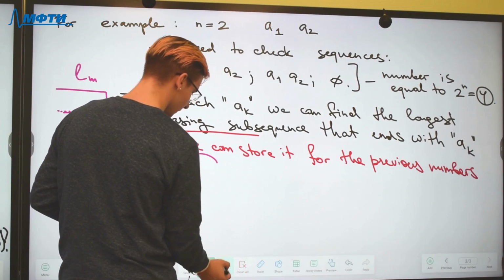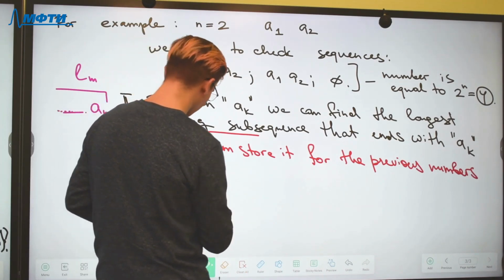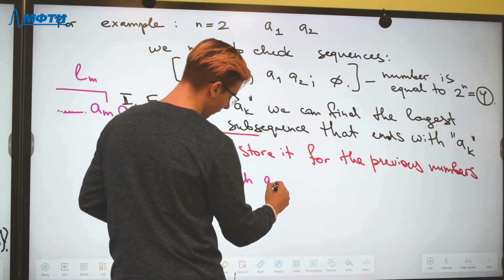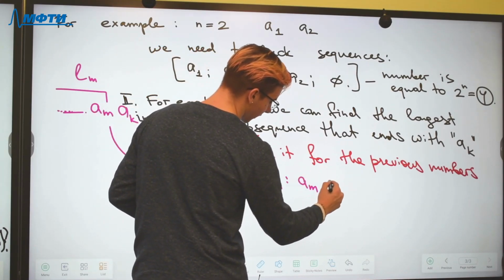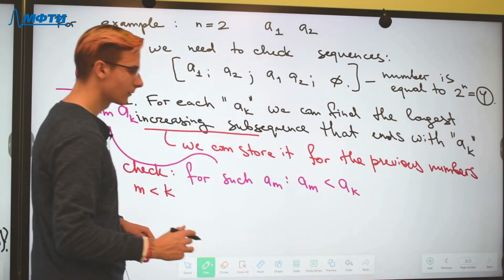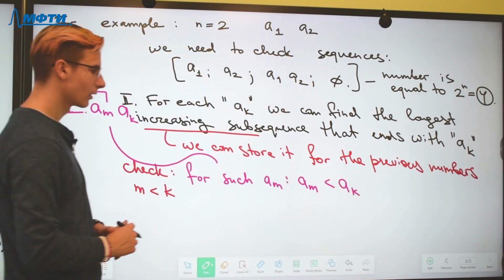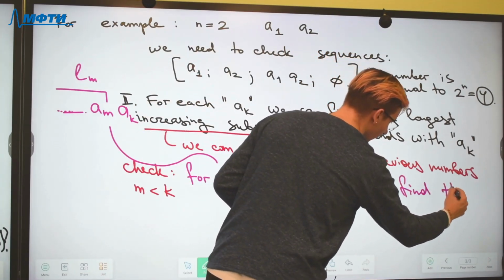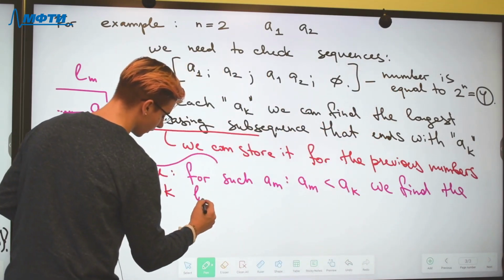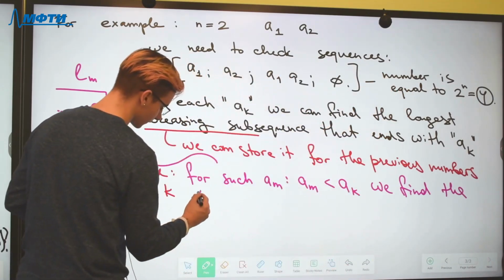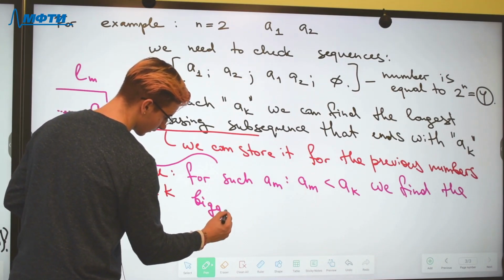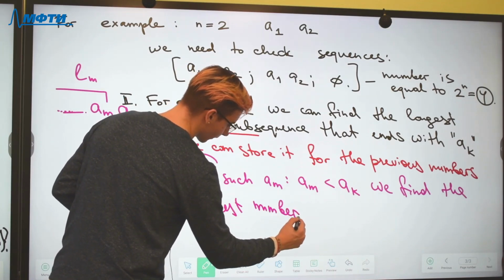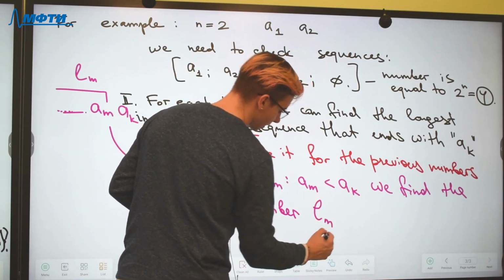And so for such Am that Am is less than Ak, we find the biggest number Lm.